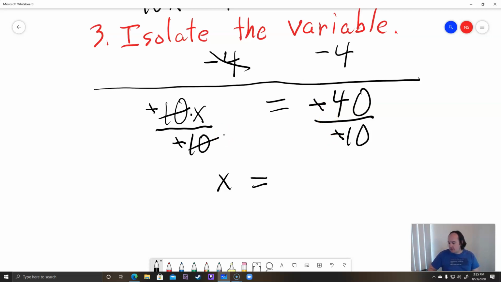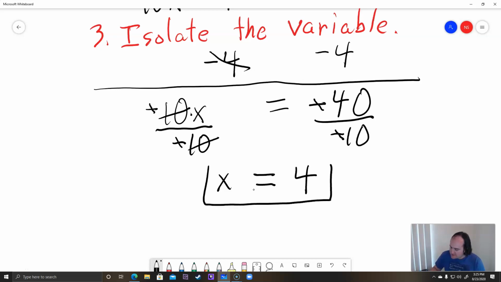Then we get positive 40 divided by 10. 40 divided by 10 is 4, since 10 times 4 is 40. So our answer is x equals 4.